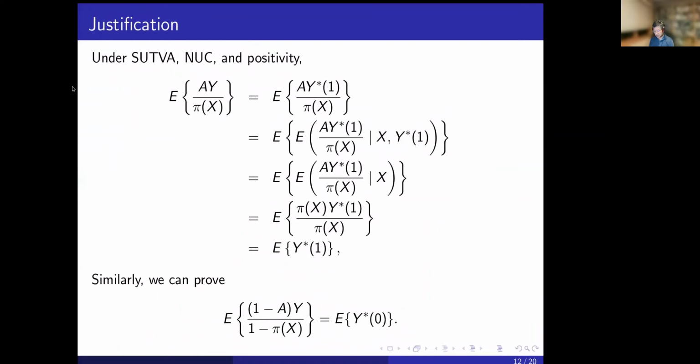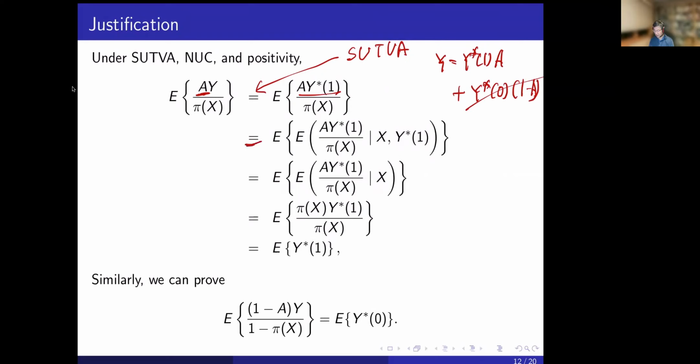The first equality uses SUTVA, because SUTVA means Y equals Y*(1) A plus Y*(0)(1 minus A). So if you put A, then this second term disappears and we only have this one.